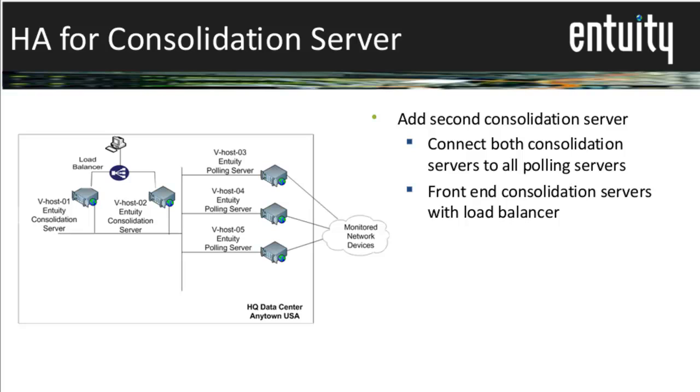The other thing to be made aware of in this particular configuration, where we're front-ending 2 consolidation servers with a load balancer, is that any reports that are created on one of the consolidation servers will have to be replicated on the other. If they're not, then when one of those goes offline, the reports that have been previously configured won't be available.